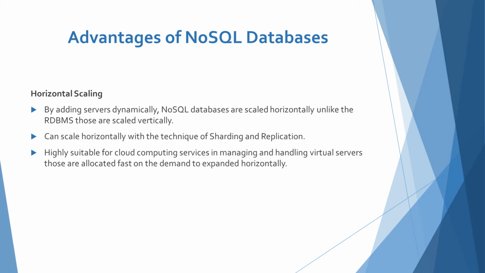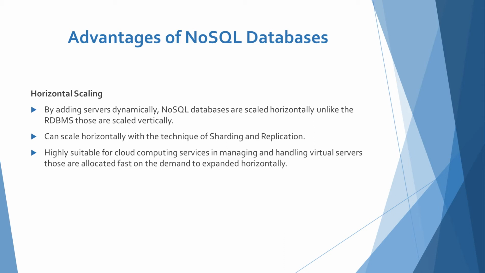But in NoSQL, if tomorrow system resources, disk and CPU and RAM, are not sufficient, then we can add one more machine. Then the data will be spread across the nodes, and we can get more system resources.